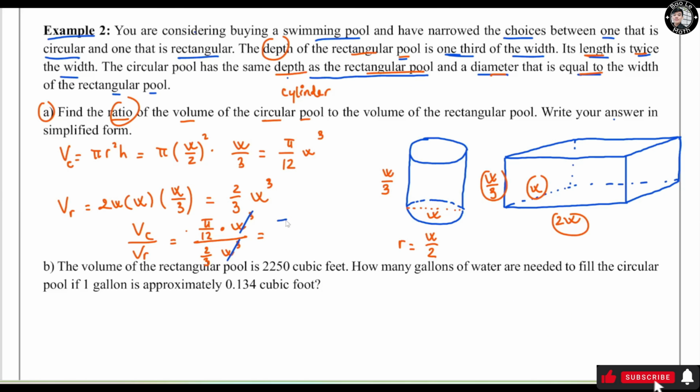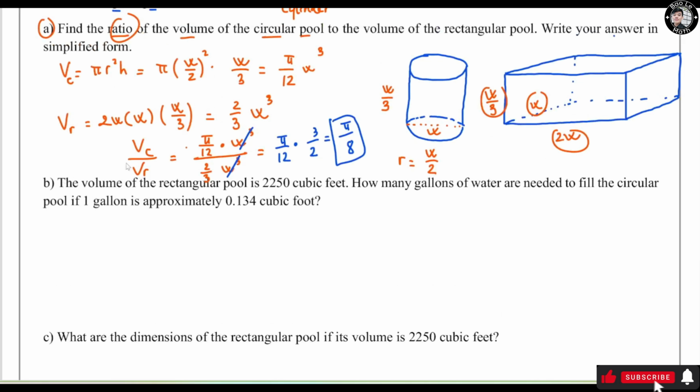So it could be pi over 12 divided by 2 thirds, which is the same thing as multiplying by 3 over 2, so it's going to be pi over 8, right?